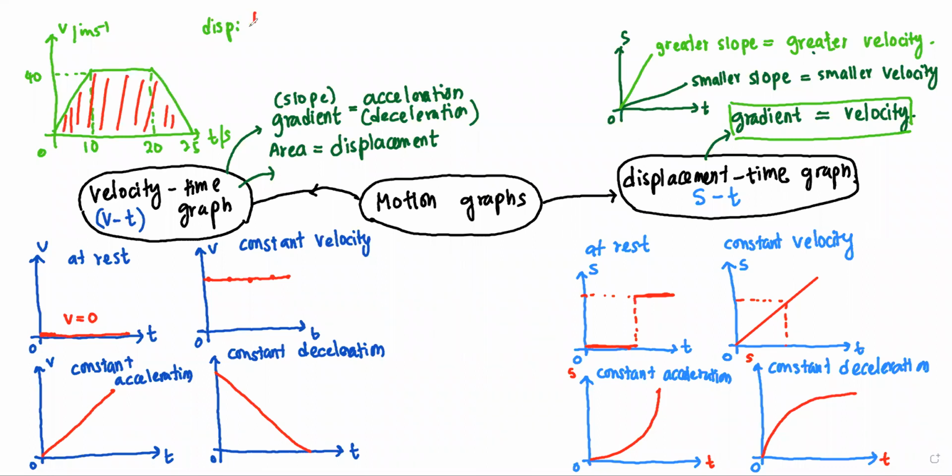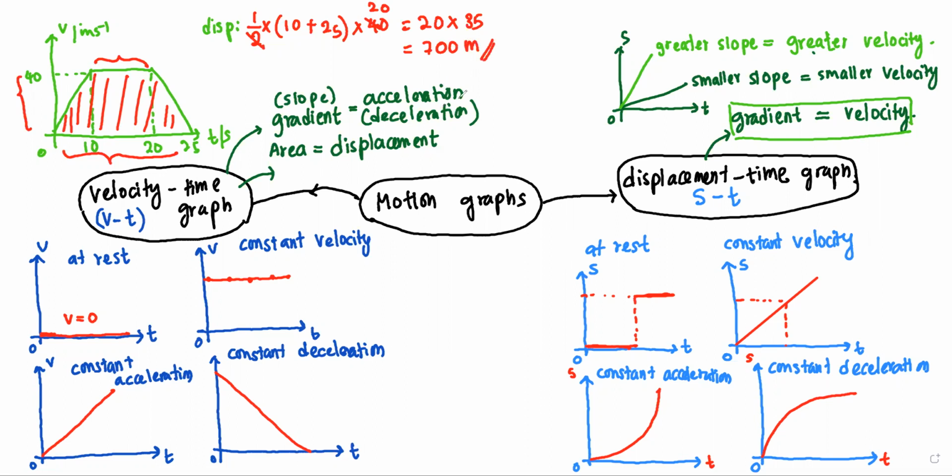So the overall displacement is the area of the trapezium, which is half into the two parallel sides, this side, which is 10, plus this overall side, which is 25, into the height, which is 40. So we get 20 times 35, which is 700 meters.